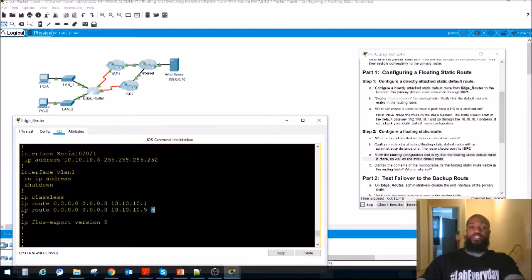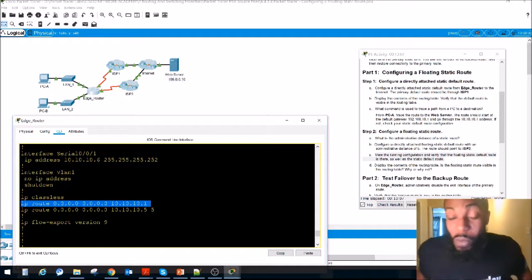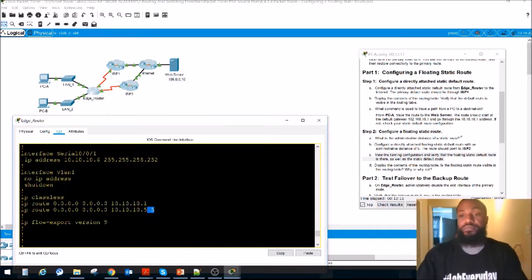Because the only difference here is, yes, it's a different router, but it's floating because of the AD there. So we're always going to be using this first. Why? Because the static route's AD is what? We said it about 8 times already. It is 1. The floating static route, we've manually configured it to be 5, right?